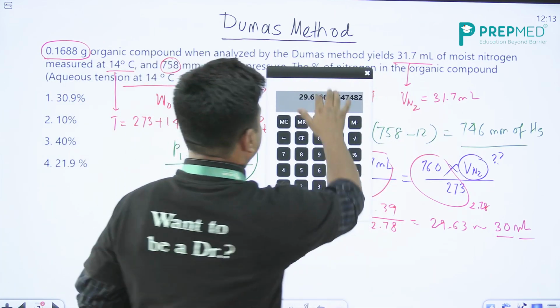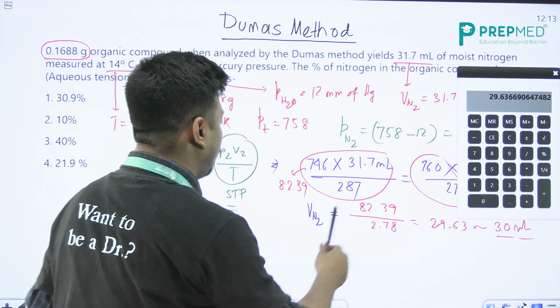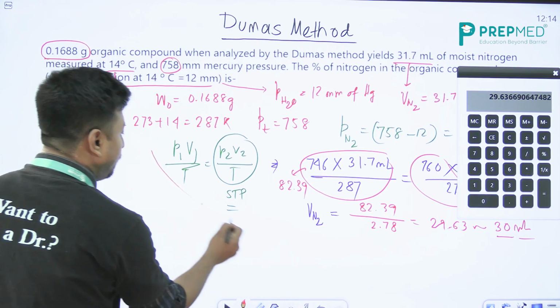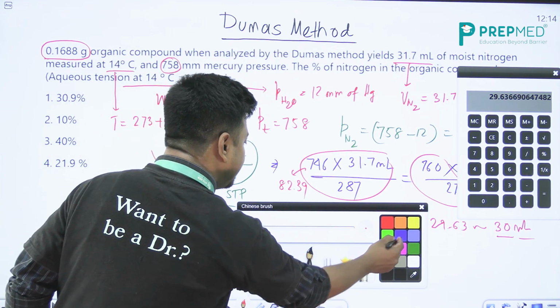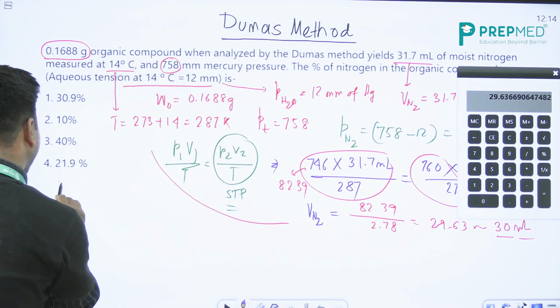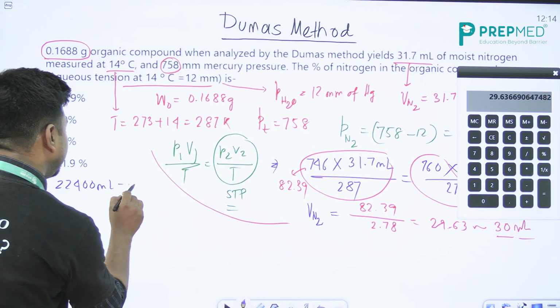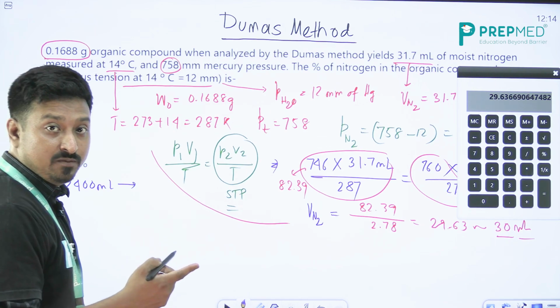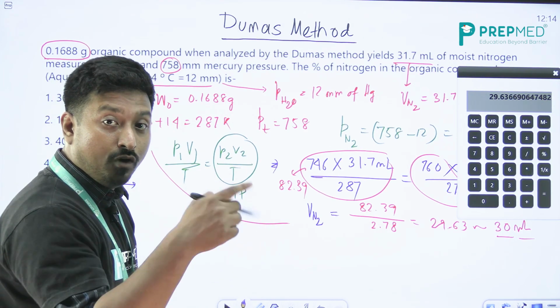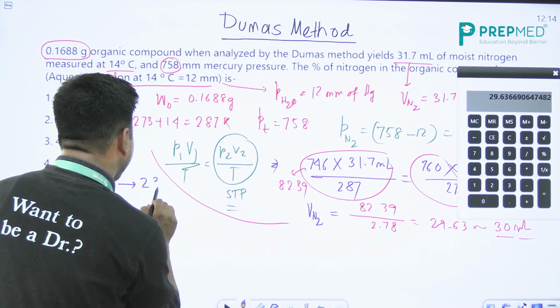Now one thing is here, once we got the volume of nitrogen, we can easily tell that 22400 ml is equal to 1 mole, and that is basically equal to 28 gram of nitrogen.